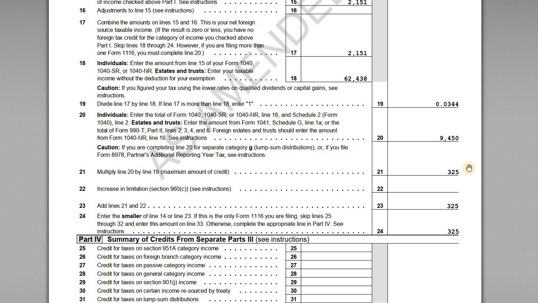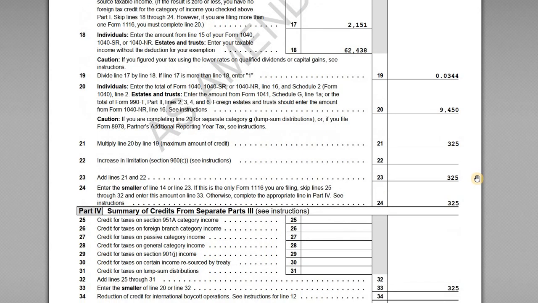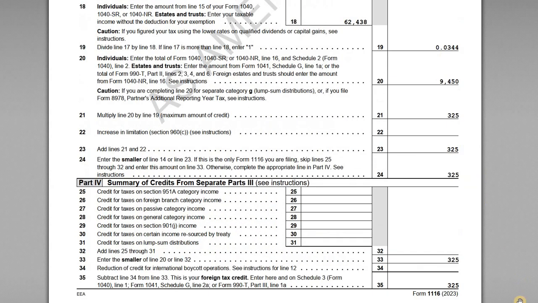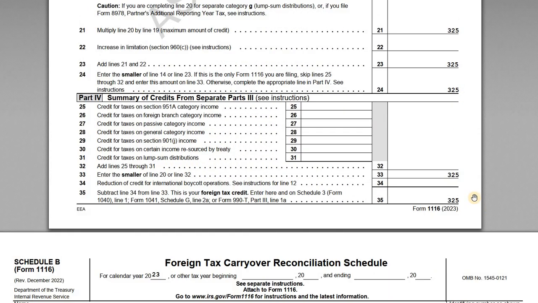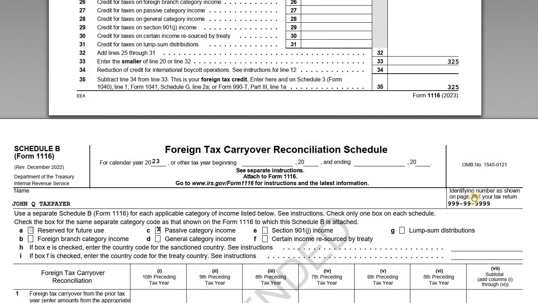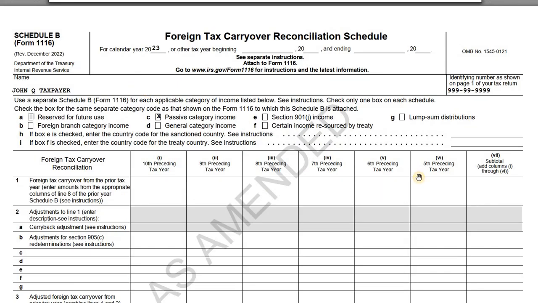So there is this FTC limitation, which depends on how much foreign source income you have relative to your total taxable income. So of the $340 in foreign taxes withheld, we're going to be able to claim $325 for the current period. Now, the remaining amount, the $15, gets reported on Schedule B as a carryover.